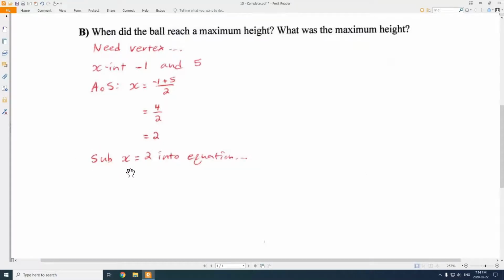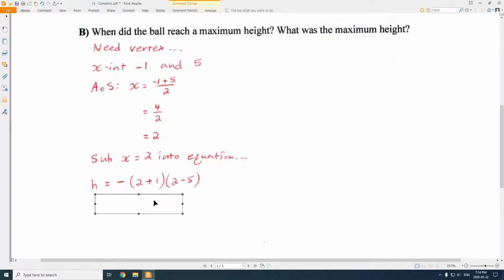So we're going to substitute x equals 2 into our equation and solve the y value, like we've been doing in last lesson and previously as well. All right, so I take my equation, replacing x with 2. And solving that guy.